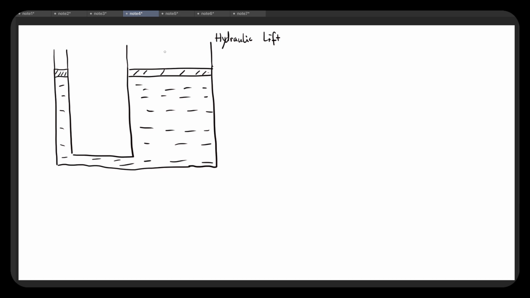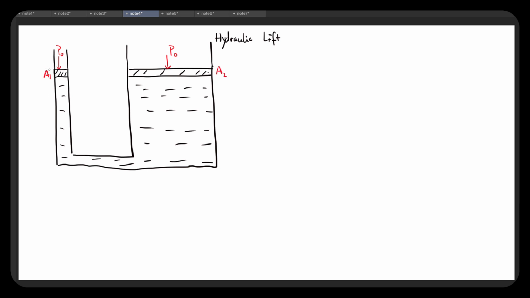Now at the beginning, let's say we do not apply a force here, we do not put that object there, then the pressure acting on both surfaces is atmospheric pressure, P naught. Let's also say that the area of this narrow tube is A1, area here is A2.